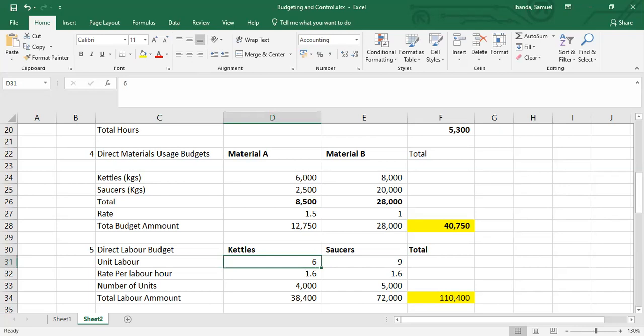Right here, with the direct material usage, we're trying to look at how much is in production. We had already done our production budget, which is 4,500 units, so that was with the material usage.